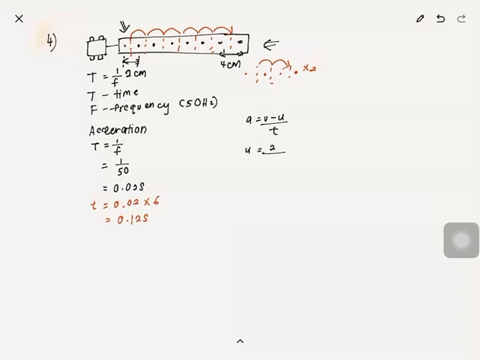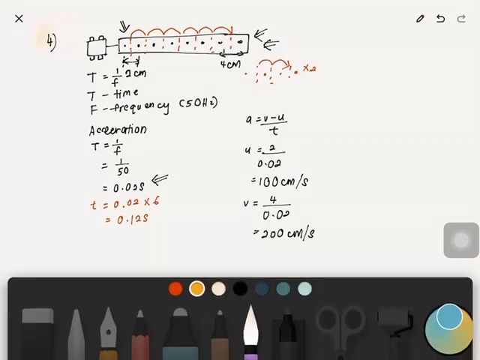So u will be equal to 2 cm divided by the time taken for one tick, which we have already found from here, 0.02. And so the initial velocity will be 100 cm per second, and the final velocity is 4 cm as seen here. So 4 divided by 0.02, and you'll get 200 cm per second.